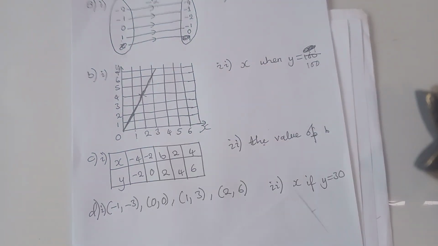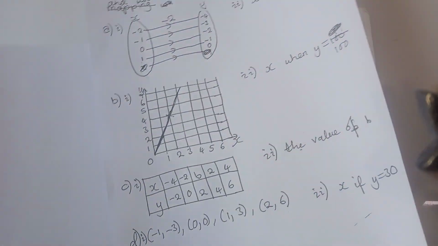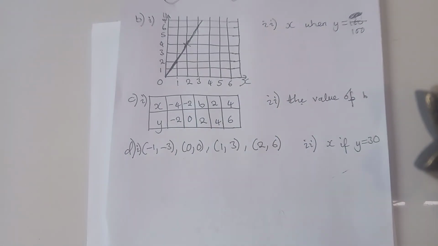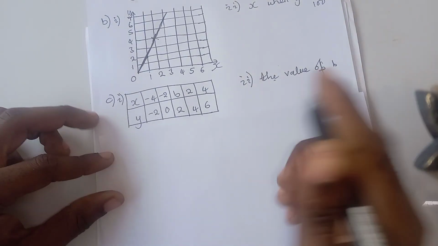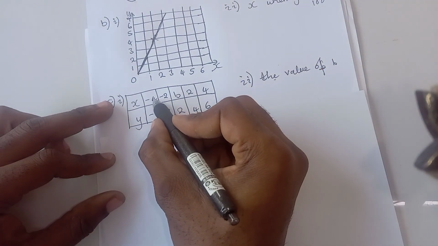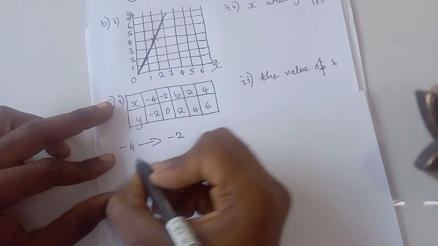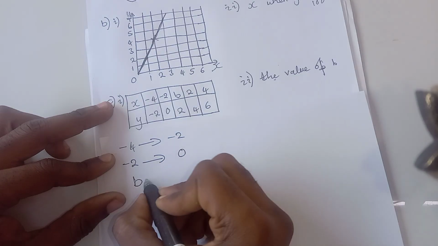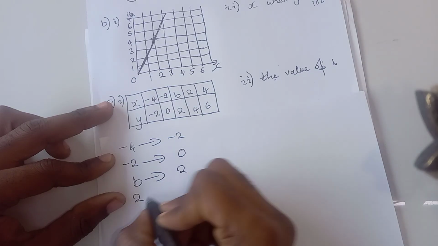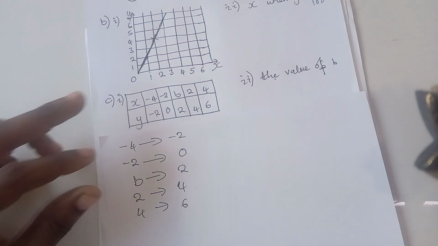And then on part C we have the same thing, except that the data has been presented in table form. So we have -4 being mapped to -2, -2 being mapped to 0, 0 to 2, 2 to 4, 4 to 6.